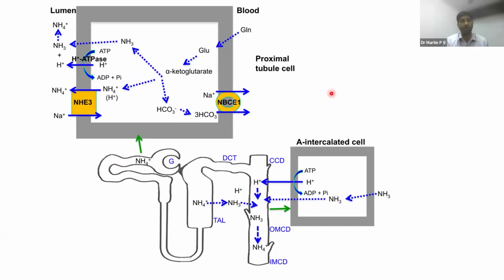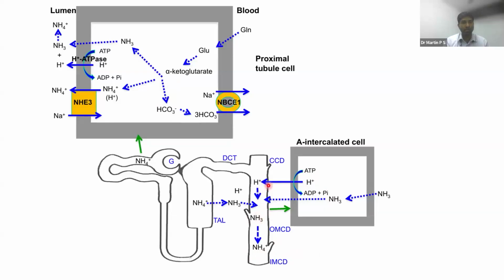But in type 4 RTA, due to diabetes, because of the acidosis and hyperkalemia, the ammoniogenesis inside the proximal convoluted tubule doesn't happen. Because of this, ammonia is not secreted, acids are not buffered, and lesser ammonium ions are formed. Though lesser ammonium ions are formed, the hydrogen ATPase is still working and H plus is still getting secreted.